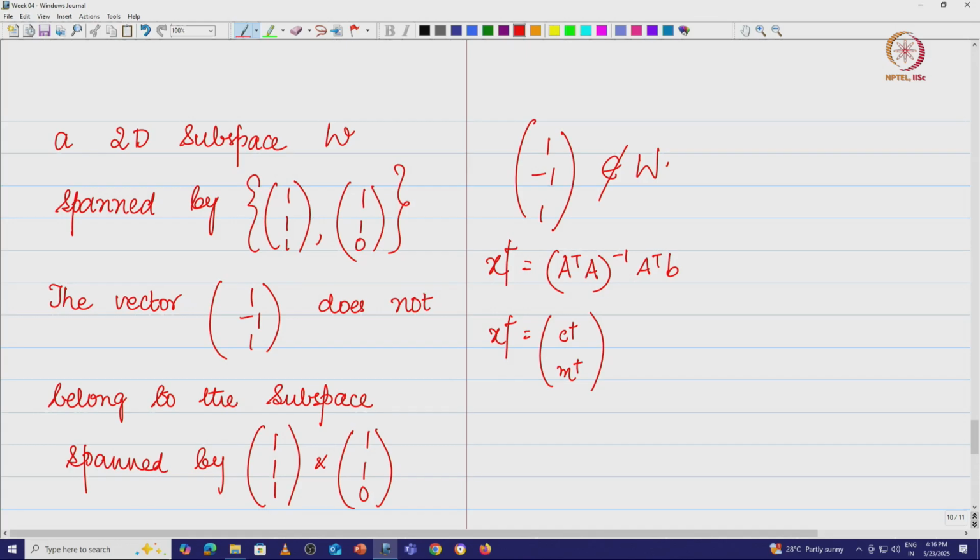There is no actual c and m value which would do this, therefore I am looking for an approximation to b, so I call these c dagger and m dagger, right.